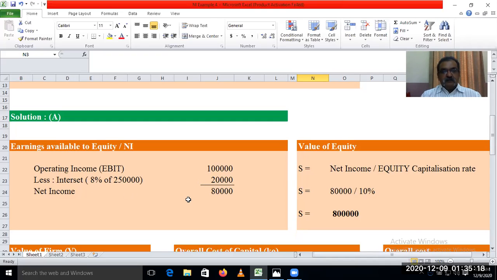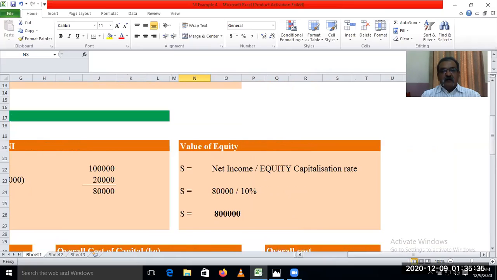So net income means EBIT minus interest. EBIT is rupees 1 lakh, interest is rupees 20,000. So net income is equal to 80,000. Now with the help of net income, second step is to calculate value of equity.